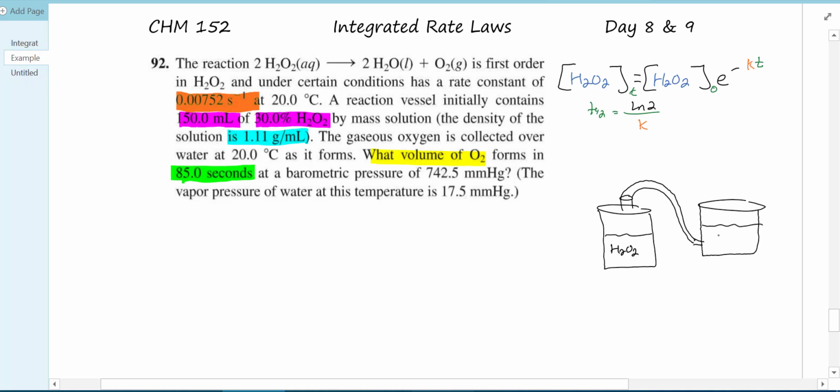There's water here. The H2O2 decomposes, the bubbles, O2, will go in and be up here, and we want to know how much O2 we can collect. That's one way to do it.